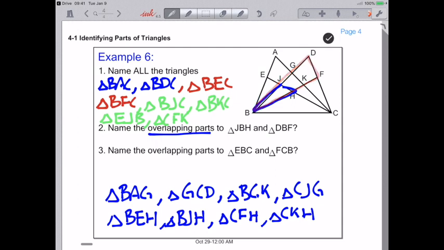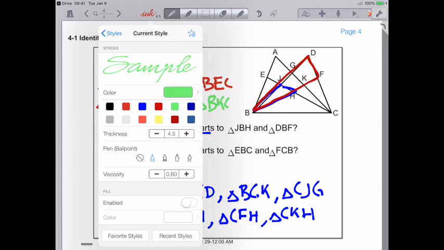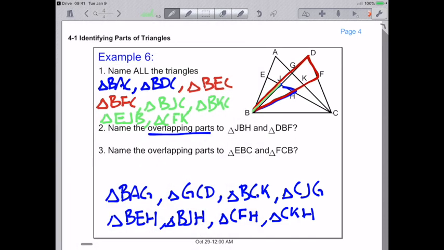So where do they overlap? They only overlap in a few spots, and that's from J to B, and from B to H. So they didn't share an entire side in common, but part of the smaller triangle was overlapped by the bigger triangle.